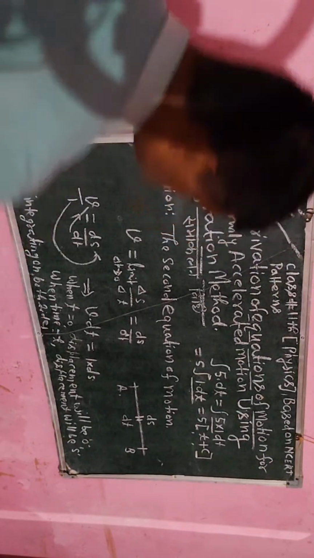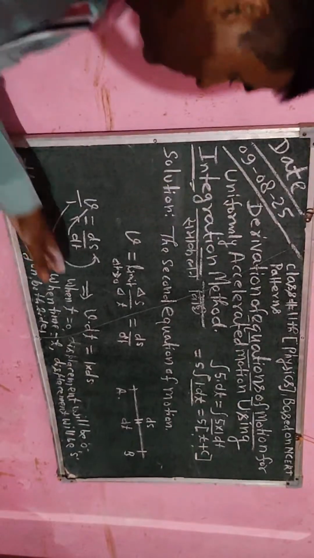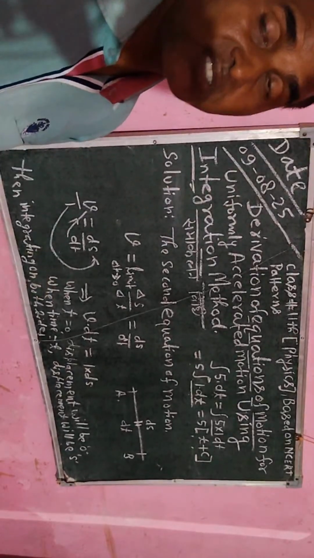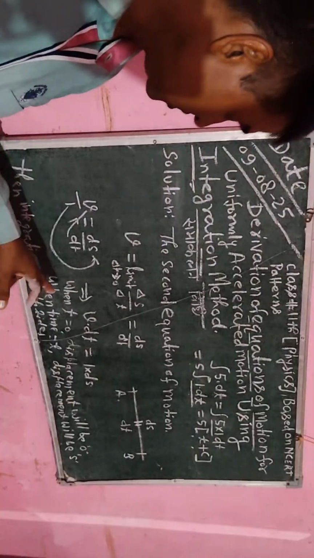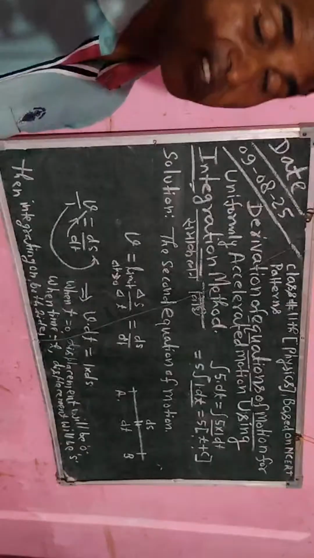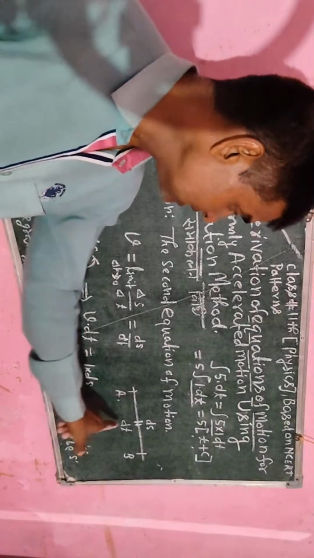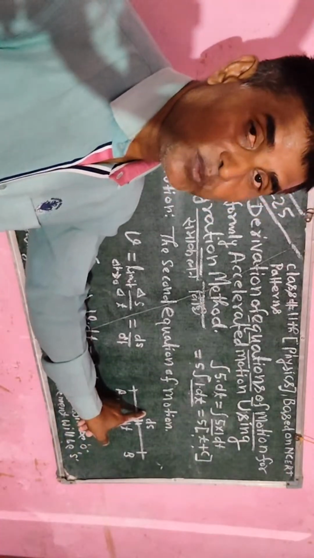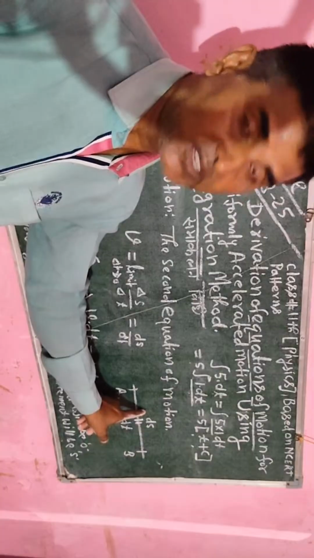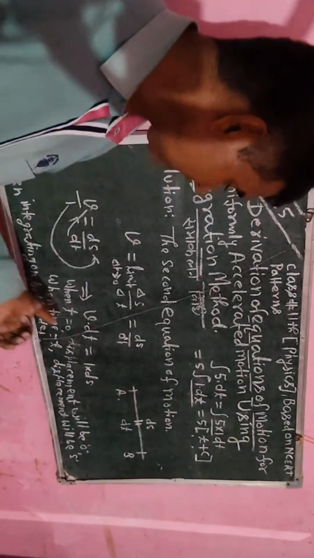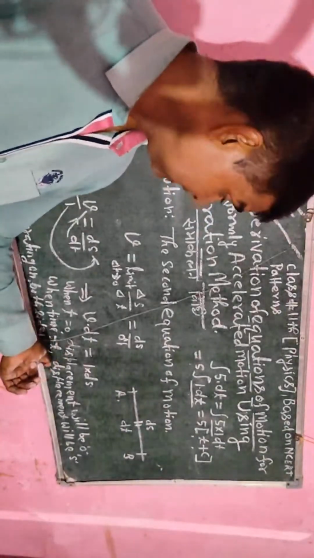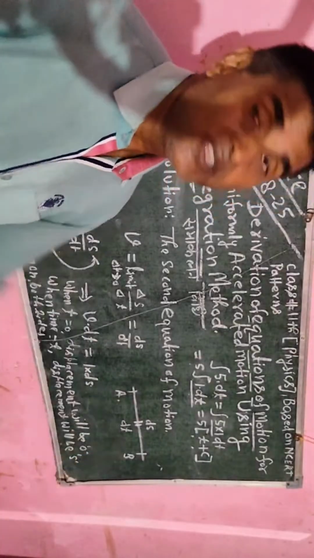Each and every student has to know this information: when t is equal to 0, the displacement will be 0, because time is 0. But as time goes to t, the displacement will be s.